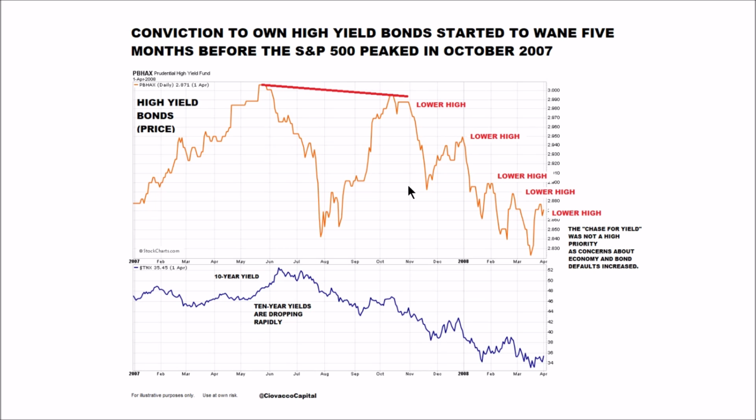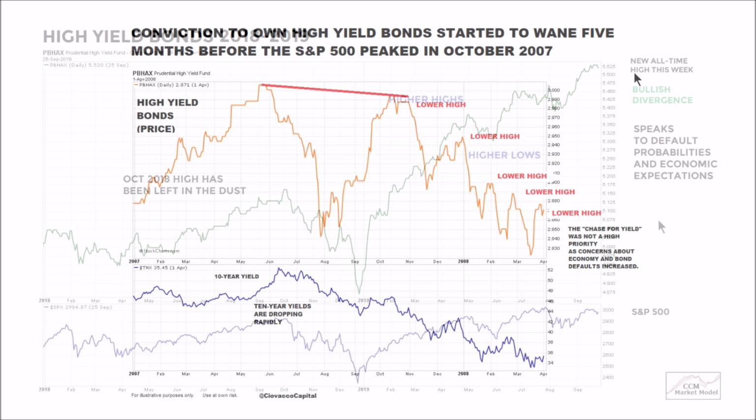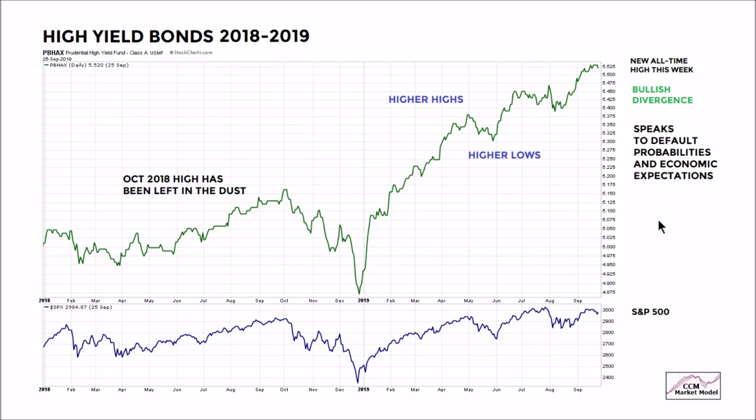As we know from past videos, the chase for yield typically ends from a common sense perspective. You're not going to chase yield if you believe the economy is about to weaken significantly and you believe that the probability of default on your bond, the one you're about to buy, is about to skyrocket. It's a chart that we've covered recently.